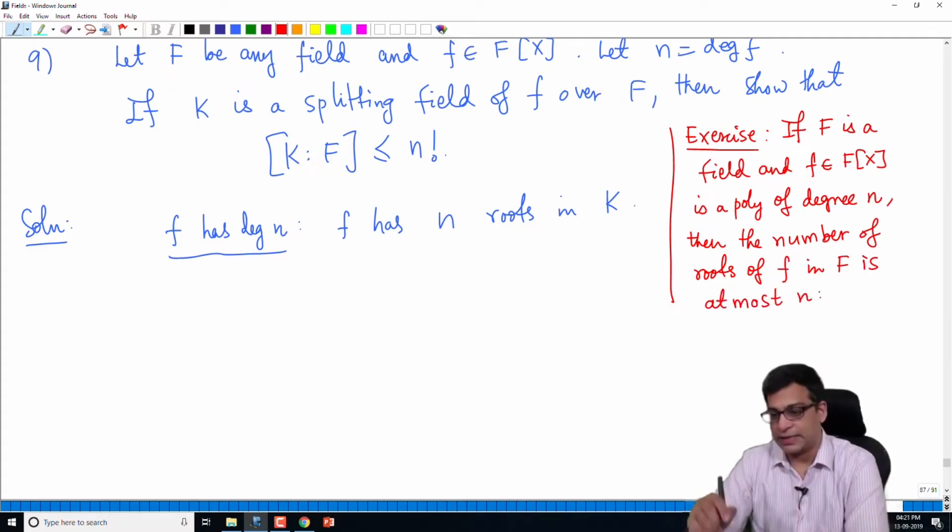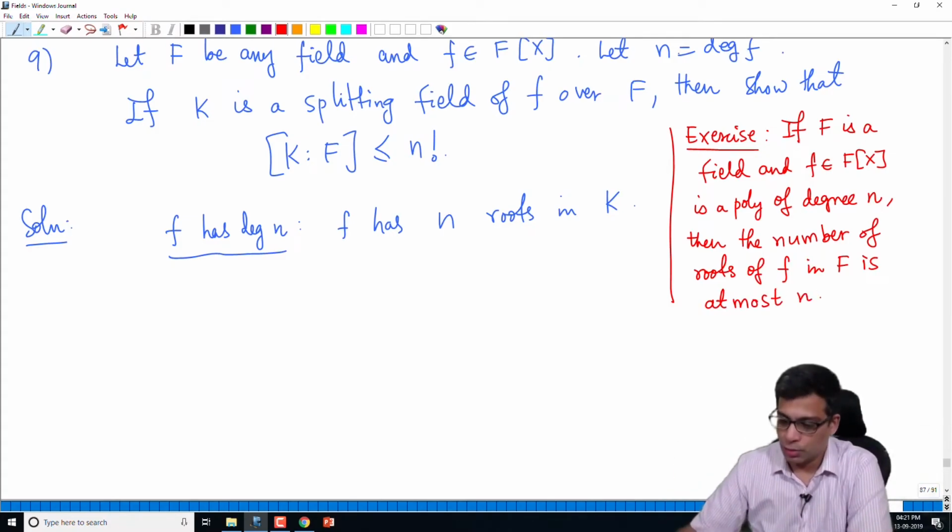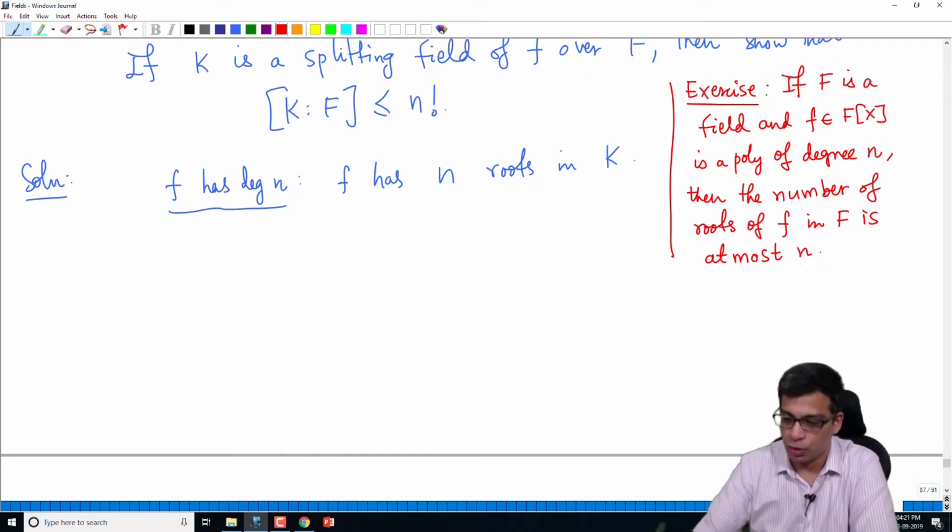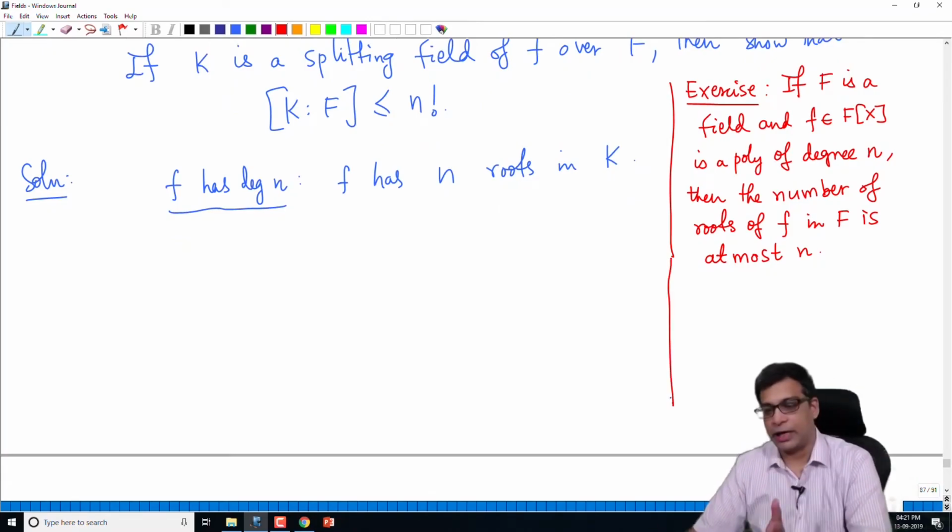It can be less than n because it can have multiple roots, because if you take (x minus 1) whole squared in Q[x], it has only one root but degree 2. But it cannot be more than 2.